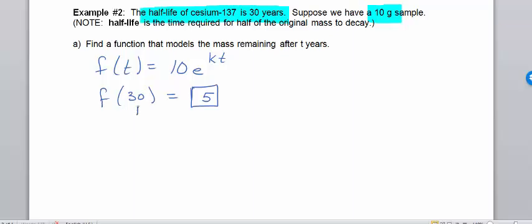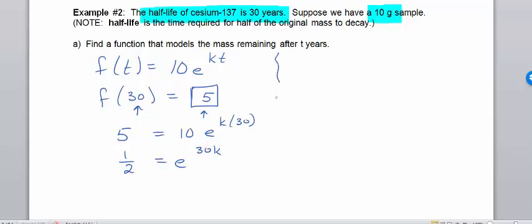So here's our input, there's our output, that's our x, that's our y, and so let's write an equation now that we can put that in. So 5 is equal to 10e raised to the k times our 30 years. Well, let's work this backwards and go from there. So we have half the amount left when we have e to the 30k.